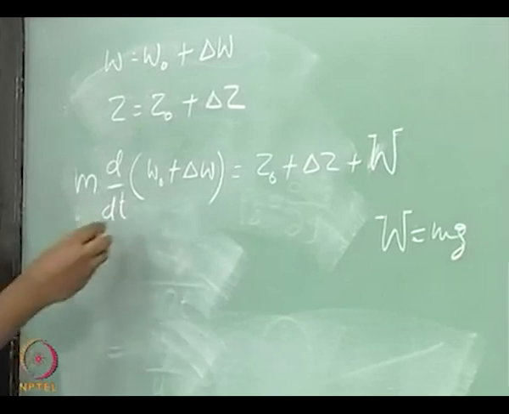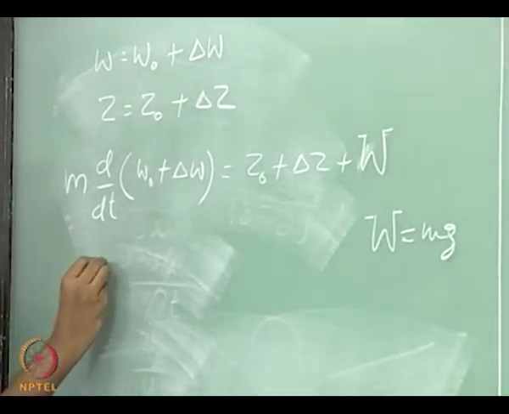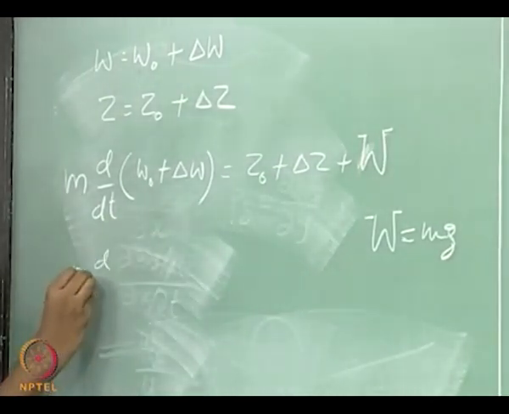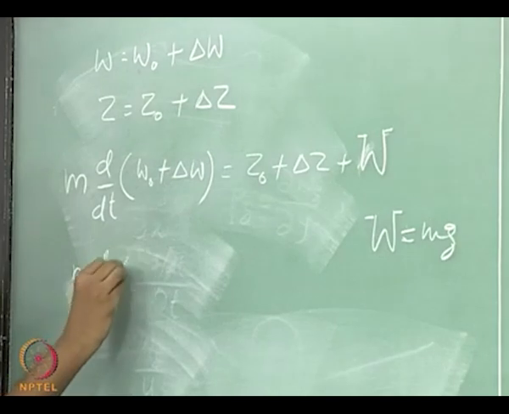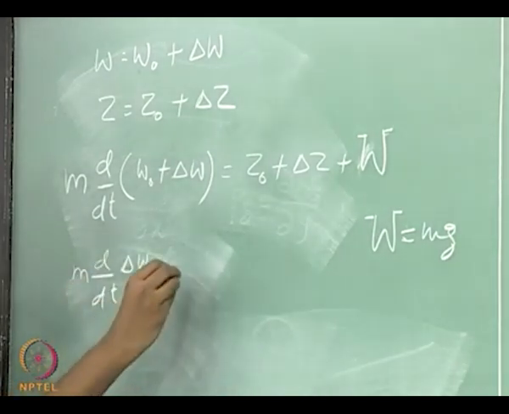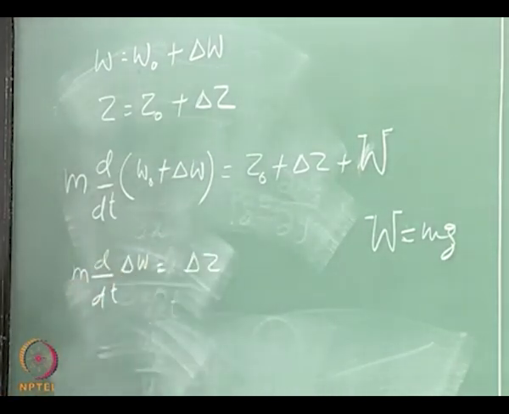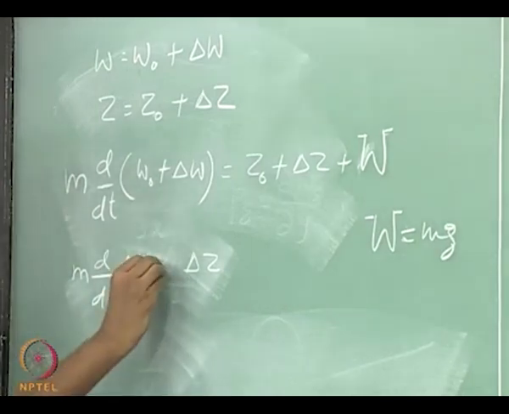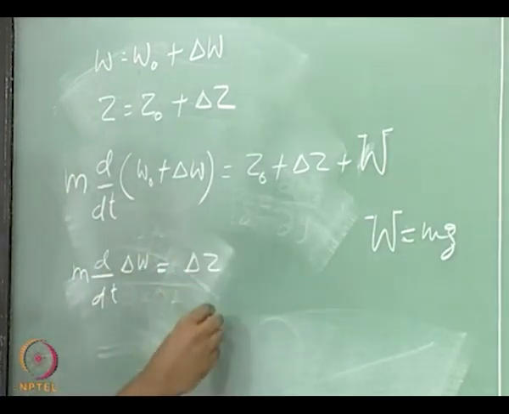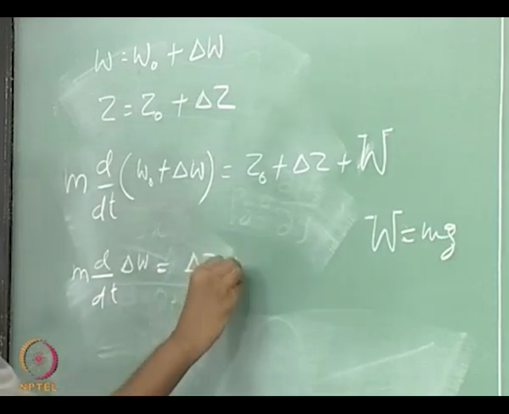So what we get from here is this. There is the linear model, and I am looking at the linear motion of aircraft around equilibrium condition.